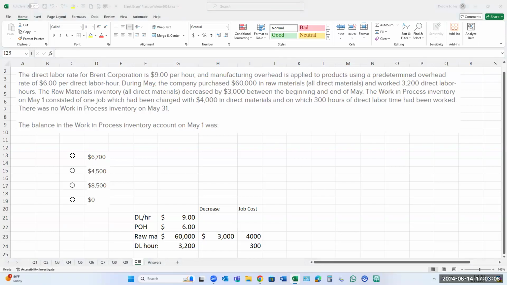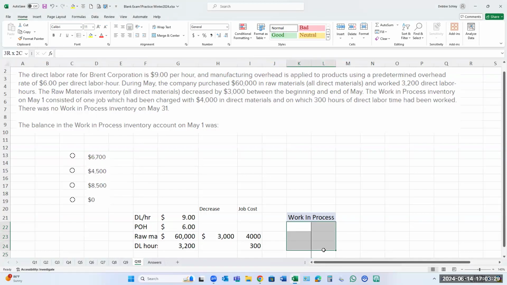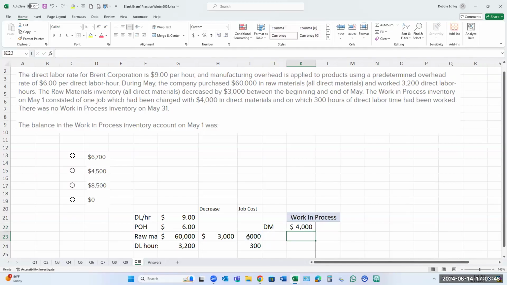okay, so work in process. Let's see what our T account is going to be doing. Okay, so we had direct materials at 4,000, right? Because that was part of the job.